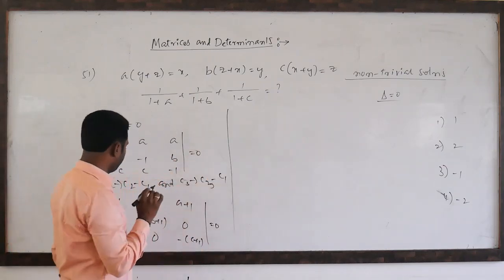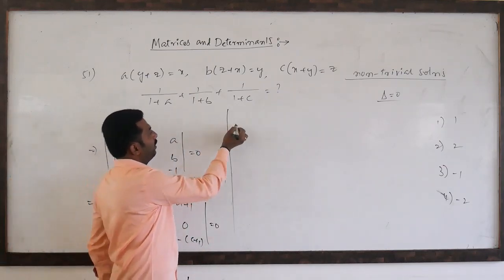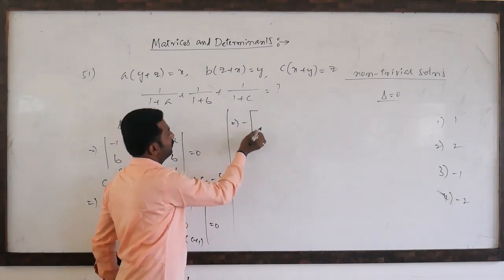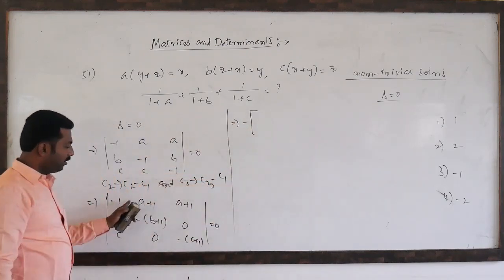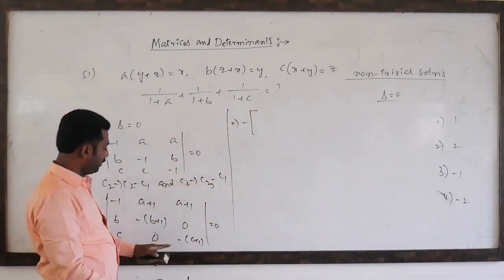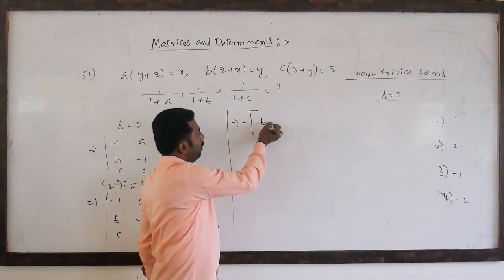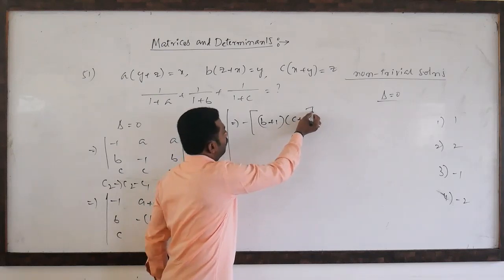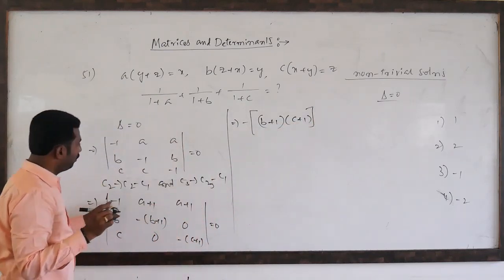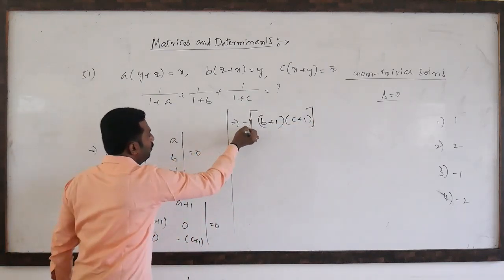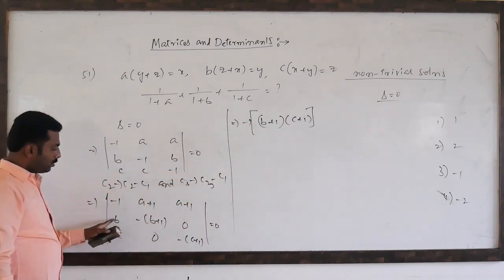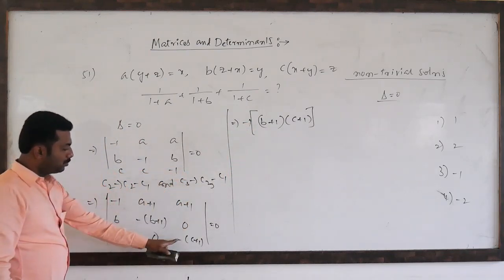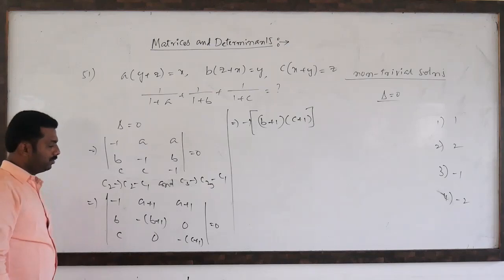First row we are expanding. Minus of, see, if you follow this column and this row, these two multiplication means (b plus 1) into (c plus 1). So minus 1 into, also you can write. So if you follow this column and this row, these two multiplication, minus 0 into 0, 0.